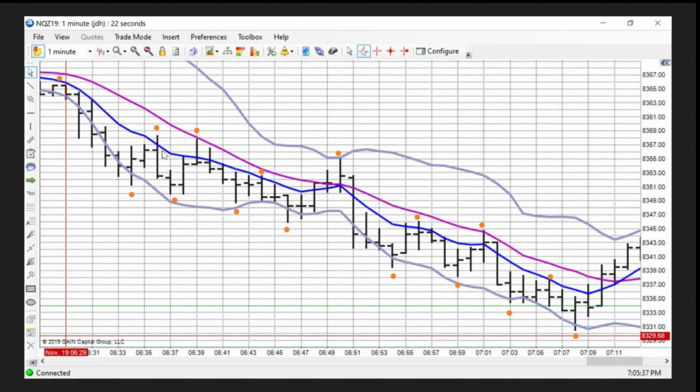So your short trade would be here, right at approximately where the open is, even with the last close. So I'd like to enter right on the open of the next bar after the previous close, as long as it's close to the 80 MA line.